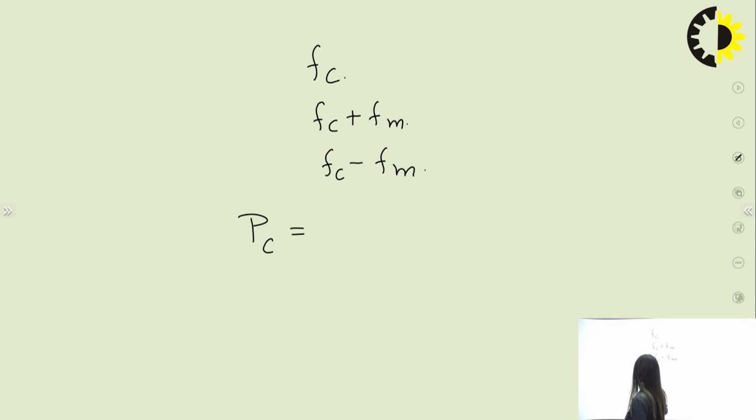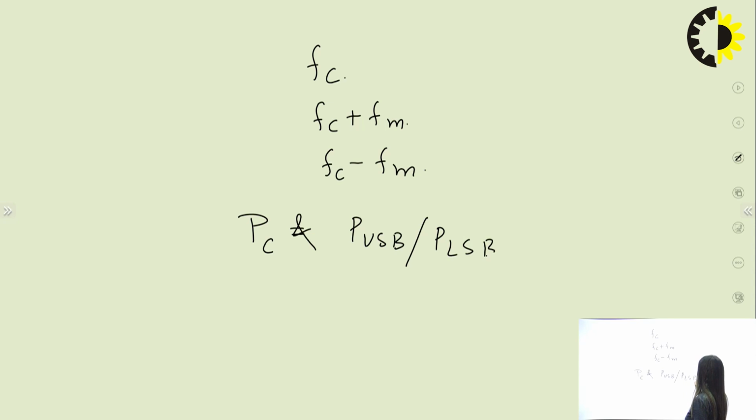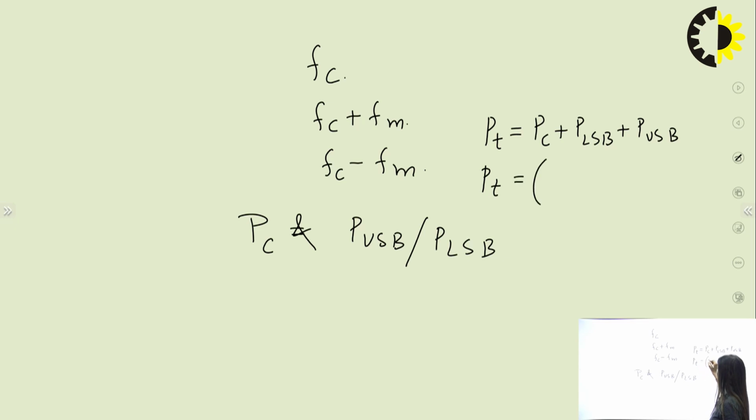PLSB and PUSB, and the total power we are just revising, that was PC plus PLSB plus PUSB, and PT we have seen is 1 plus mu square by 2 into carrier power, right?